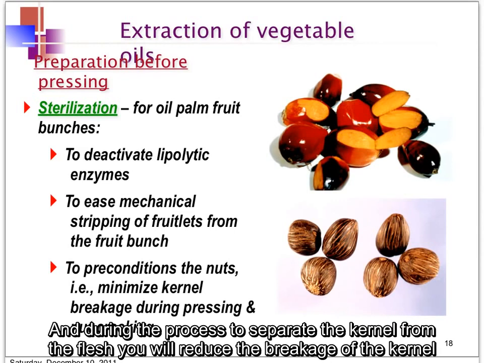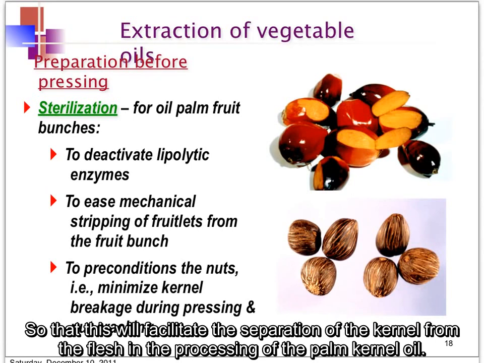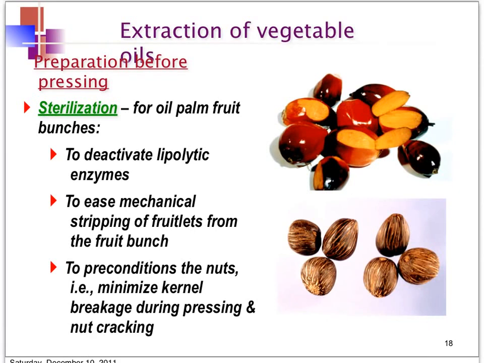During the process to separate the kernel from the flesh, it will reduce the breakage of the kernel, and this will facilitate the separation of the kernel from the flesh in the processing of the palm kernel oil.